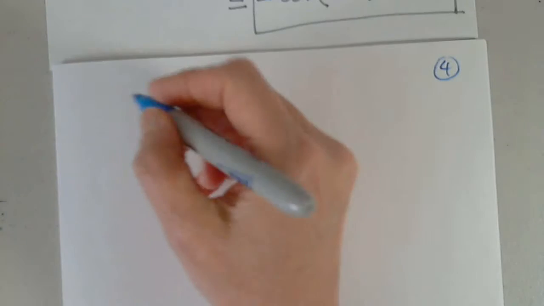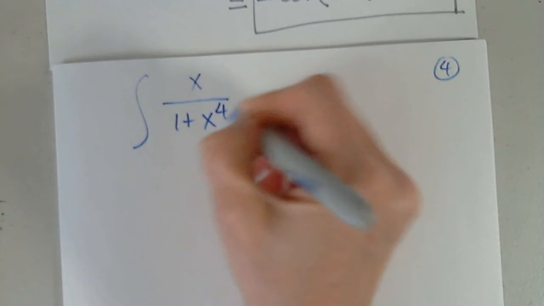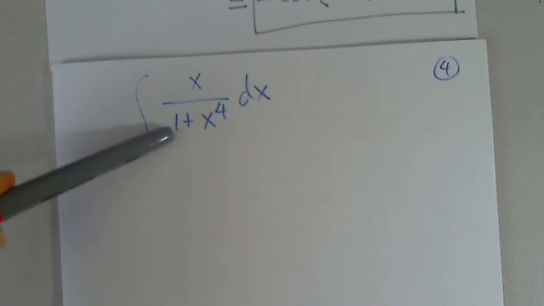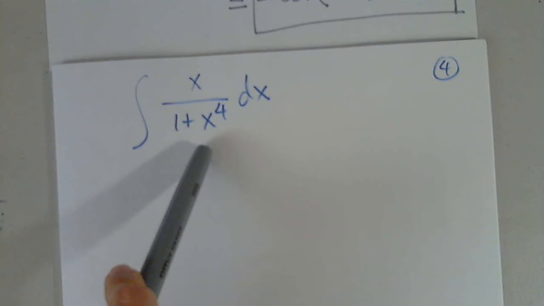Okay. So what about this? The integral of x over 1 plus x to the fourth dx. Okay, so again, I see here a function in the denominator that is 1 plus x to the fourth.